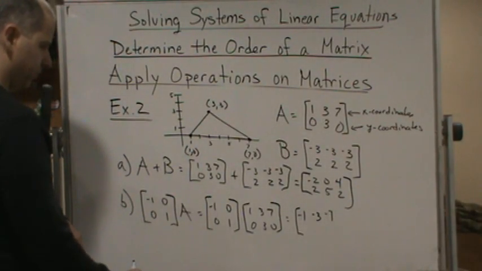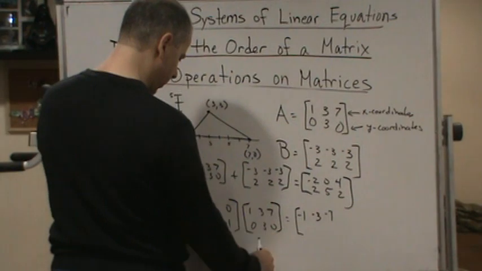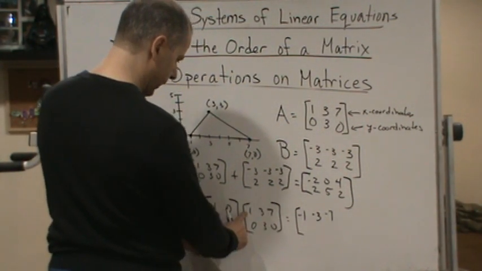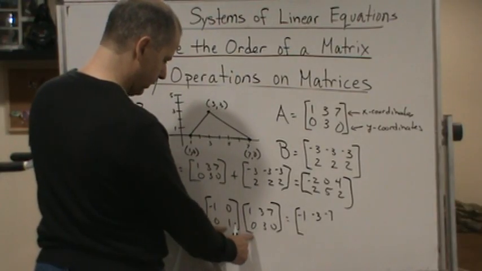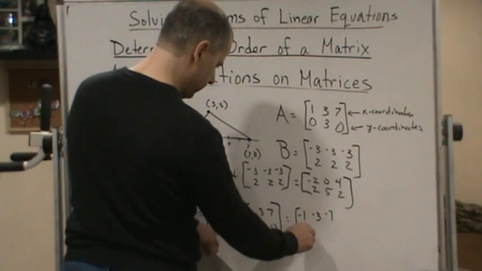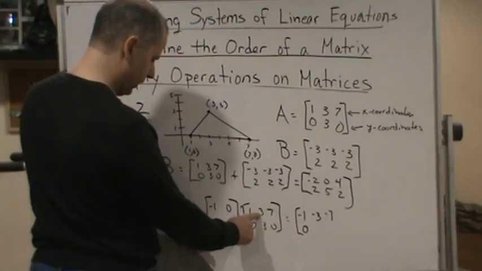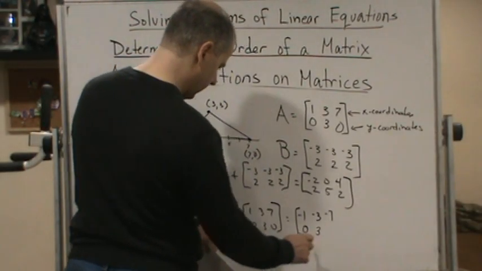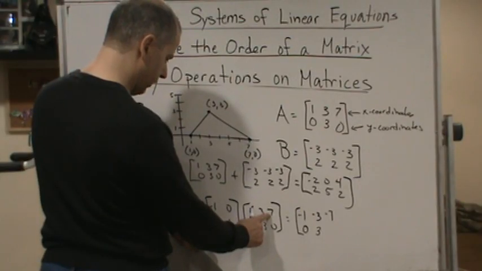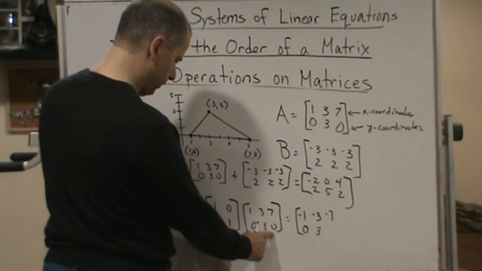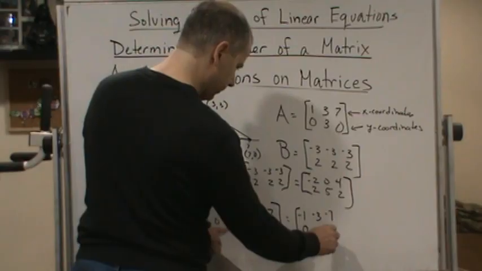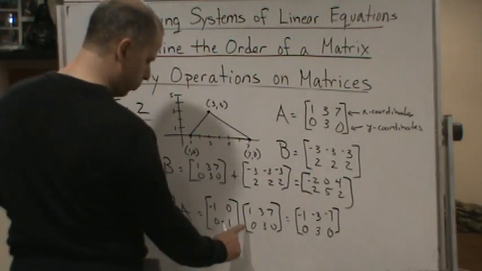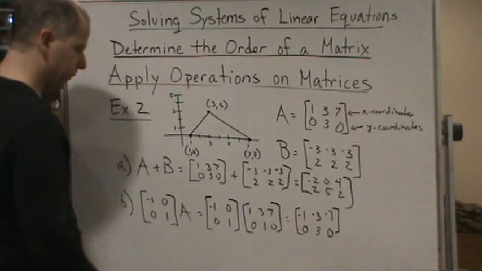And now we go to the second row, first column, and again, this is going to be 0 and then 0. This is going to be 0 plus 3. And this is going to be 0 plus 0. And so all this did was repeat the second row.